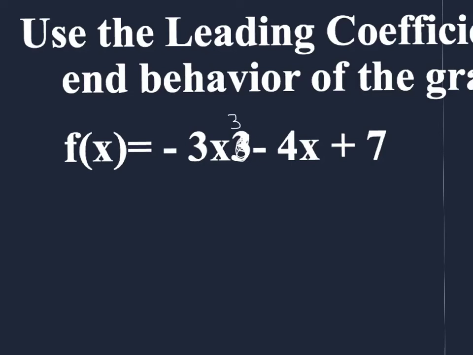So what's the highest exponent I see? Third. So the degree is odd. And what is the coefficient in front of that degree? Okay, it's negative. So it's odd and it's negative.